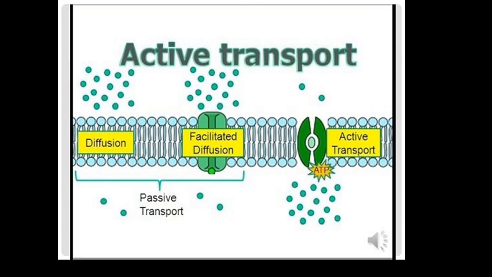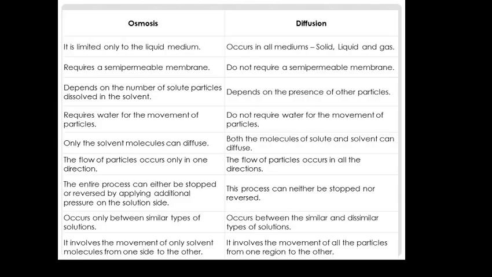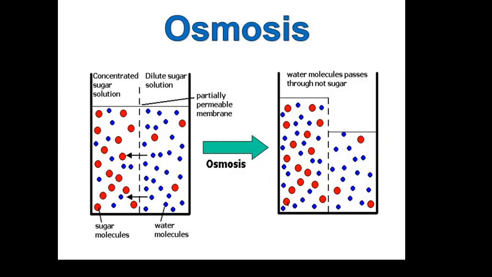Let's quickly revise osmosis. Osmosis is the movement of particles. As we said before, it's the movement of water from high concentration to low concentration. It occurs when water from the soil enters the roots of the plant.